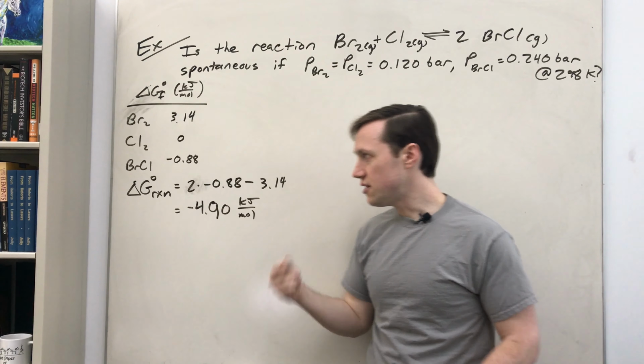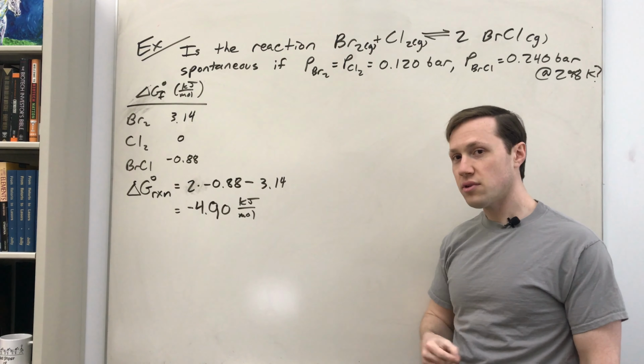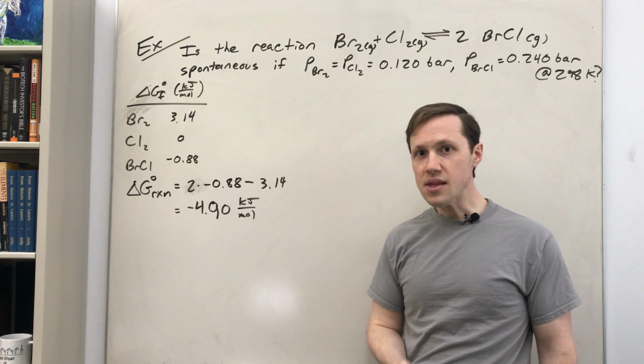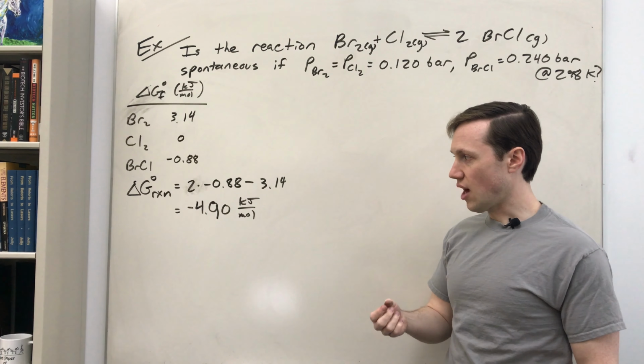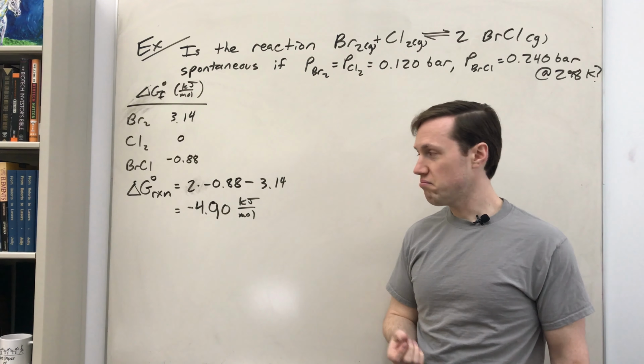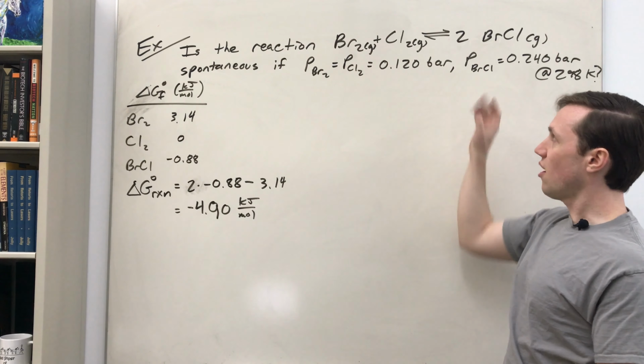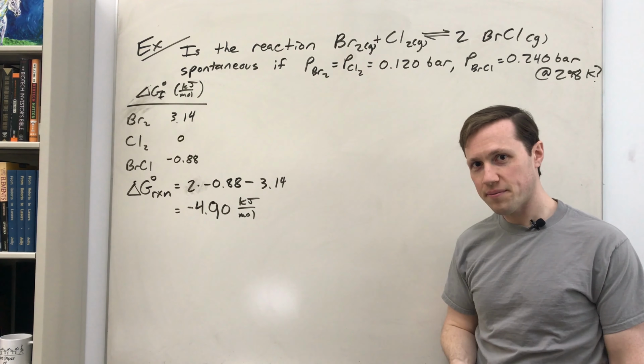So you can see we get a ΔG° for this reaction of negative 4.90 kilojoules per mole. Now, last chapter we would have looked at that and said, great, negative ΔG, this is spontaneous. However, we're not dealing with compounds that are present at 1 bar.